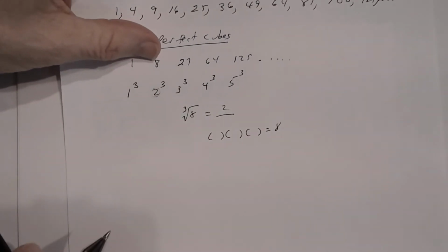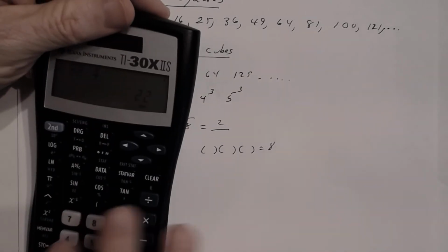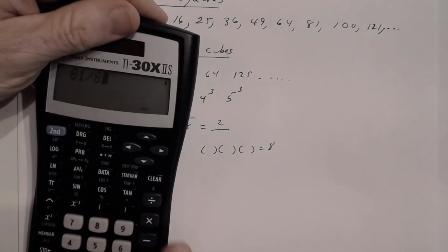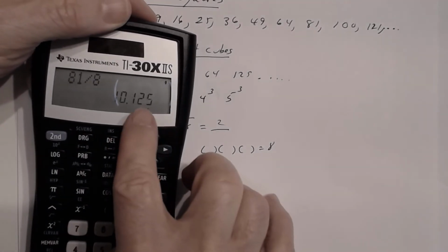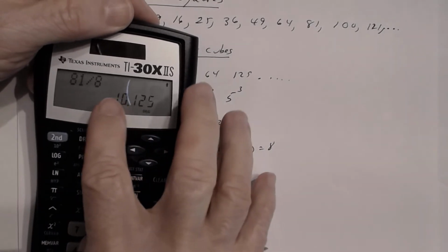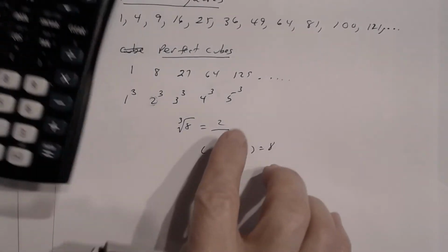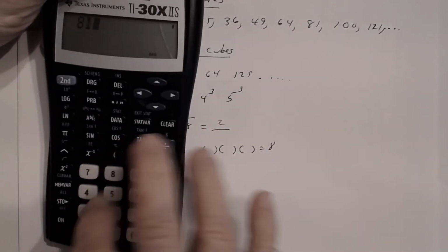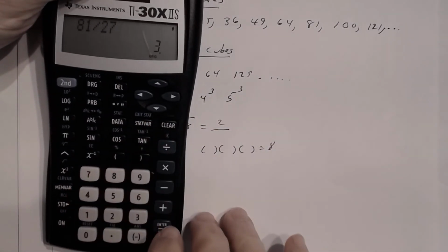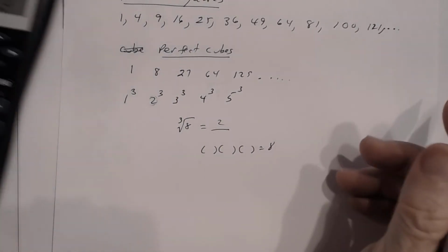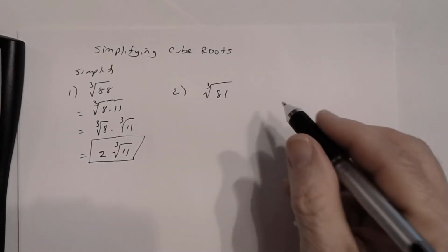So you may say, well, what about 8? All right, well, try 8. So 81 divided by 8, you see 81 is not divisible by 8 because you get a remainder. And so let's try 27. So 81 divided by 27. And there we go.